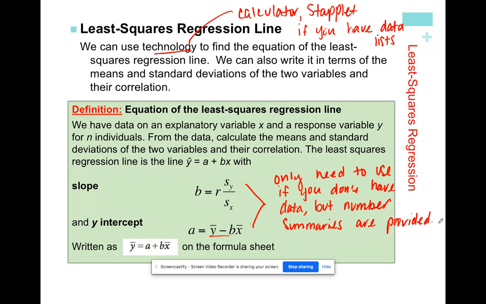So a problem might say the mean and standard deviation for list 1 are these values, mean and standard deviation for list 2 are these values, and the correlation is this, and then have you come up with the equation for the least squares regression line.